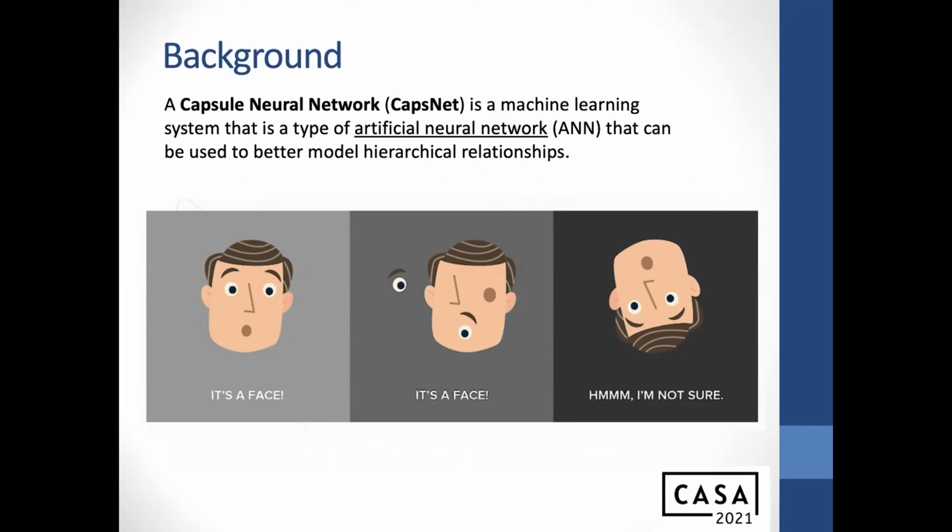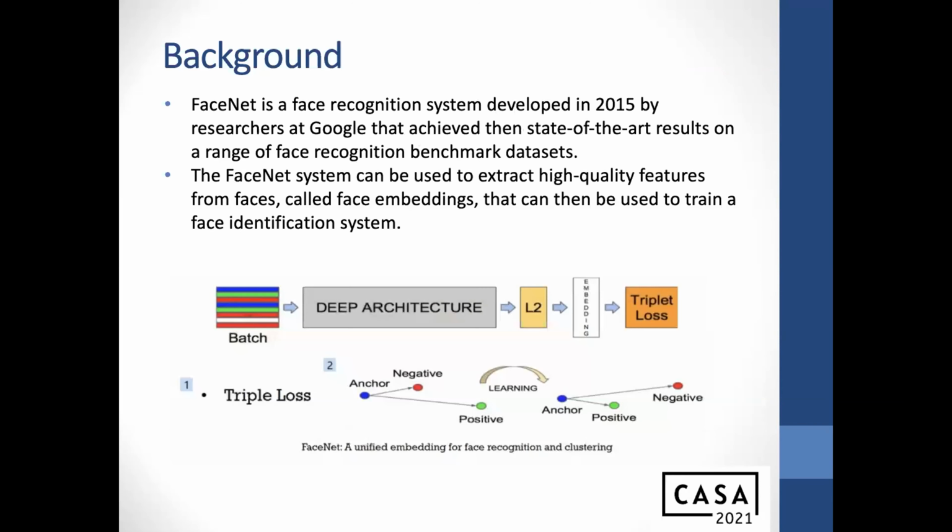Although some efforts have been made, it's generally agreed that the capsule network is hard to make deeper, like a CNN. So in our work, we propose to combine a capsule network with a FaceNet-based embedding module for facial expression recognition, named FaceCapsule.